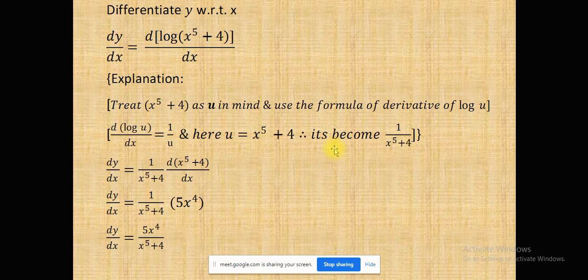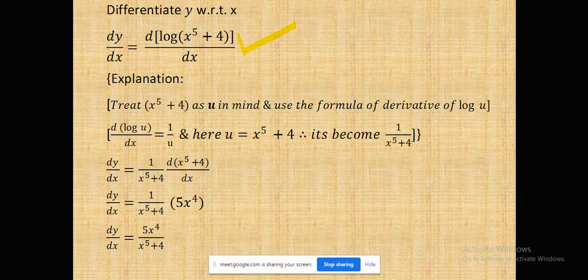Now let me take you to the final example from the homework. That is y is equal to log of x raised to 5 plus 4. What is the outer function? It is clear that log is the outer function and x raised to 5 plus 4 is the inner function.